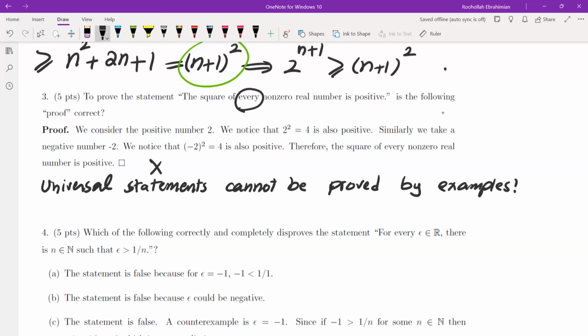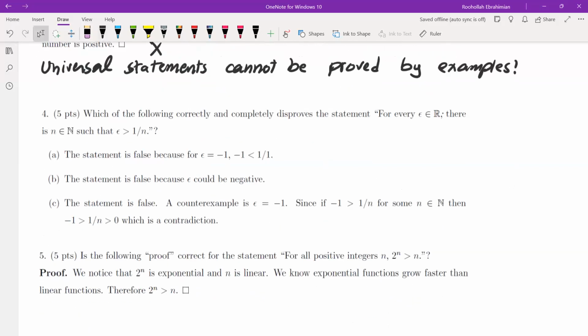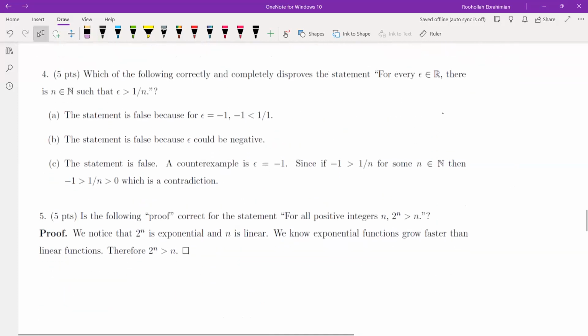We can't prove this universal statement by providing examples. So the examples showed that this statement is true for 2, and it's also true for -2, but it did not show it is true for everything else. So this is not a valid proof.